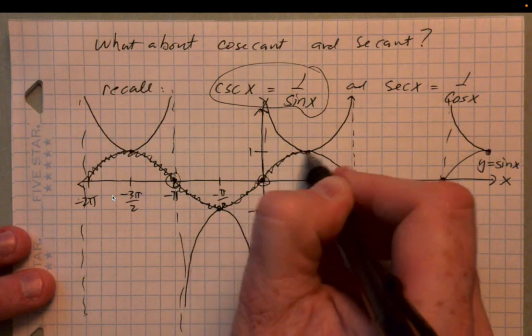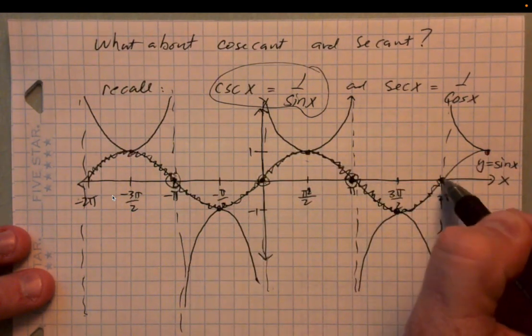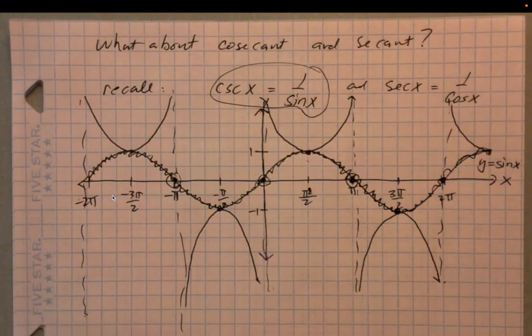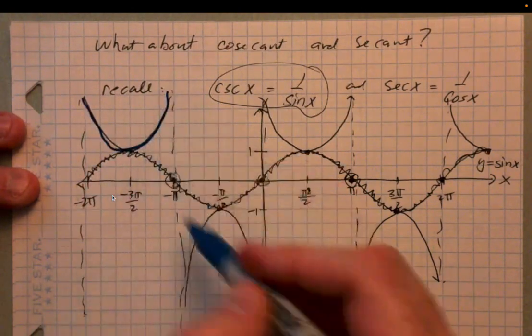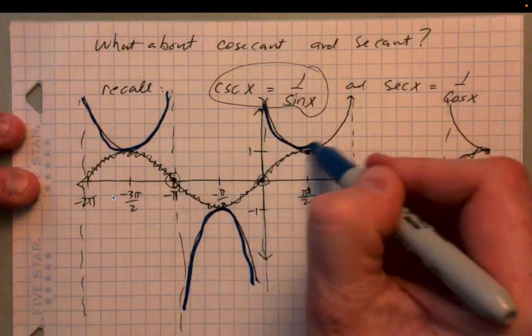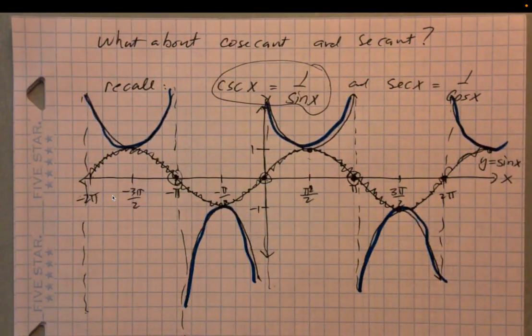That's not part of the cosecant function; it's just a guide for drawing the cosecant function. The cosecant function is this: comes down, comes up, comes down, comes up, comes down. So to plot the cosecant function, all you have to do is plot the underlying sine function.